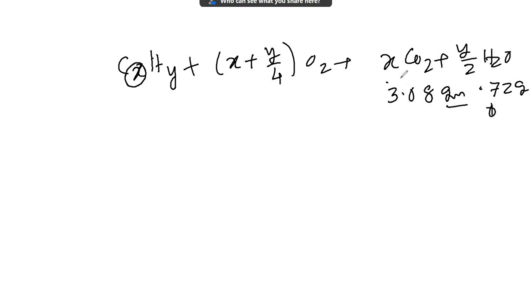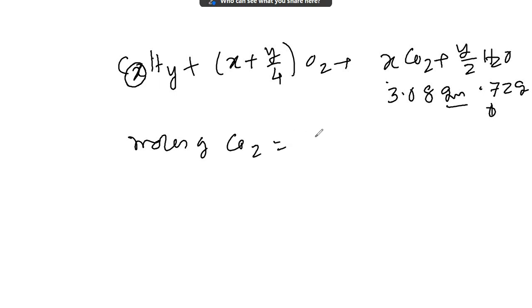How can you find out the mass of carbon from carbon dioxide? Carbon dioxide has molecular mass 44. 44 gram carbon dioxide contains 12 gram of carbon. So how should you proceed with the sum? Just find out the moles of CO2.